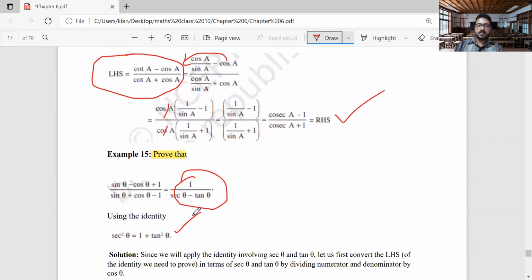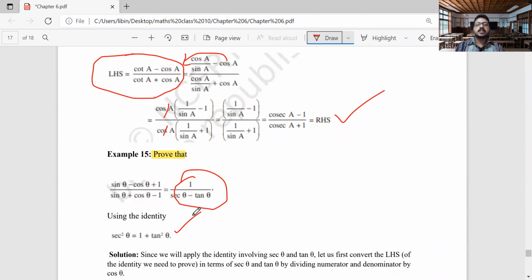You are asked to use this identity to prove that LHS equals RHS. Again, let me tell you, sometimes there may be another way to prove it, but in the question it is specifically asked to use this identity.